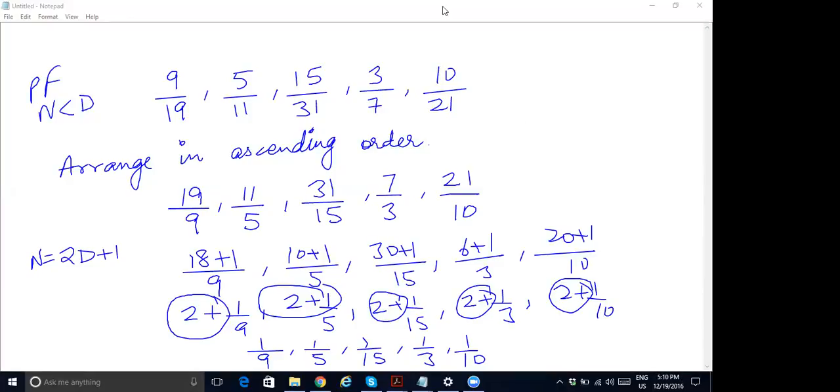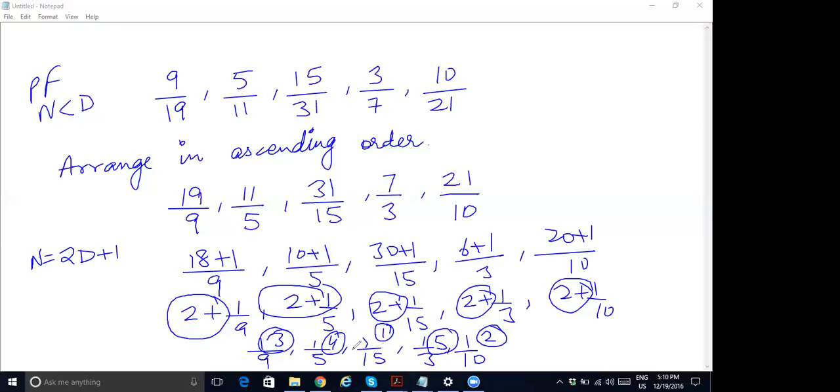The greater the denominator, the lower the value. This is the lowest one. This is 2, this is 3, 4, and 5.